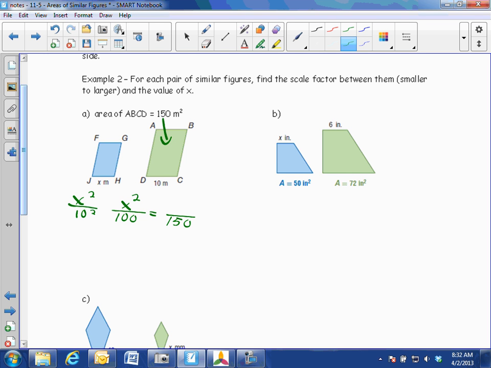I got 54, but I'm not sure how I did it. Yeah, 54. I think we're missing a piece of information, because we need to know what that other area is.